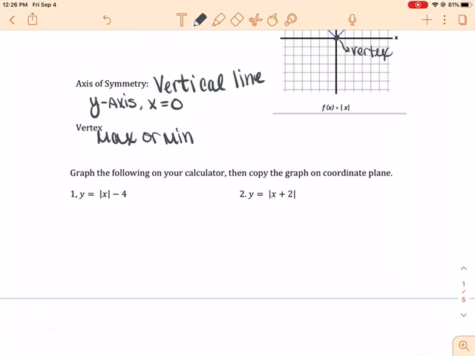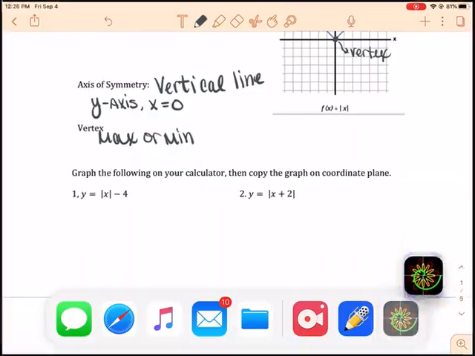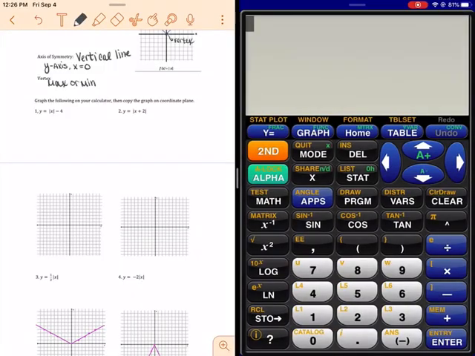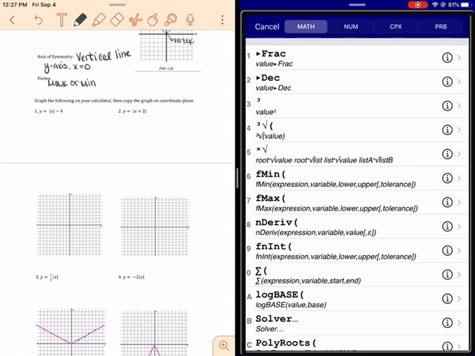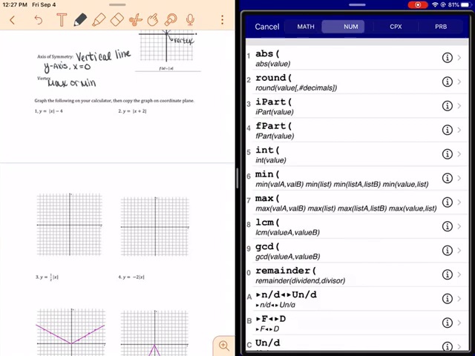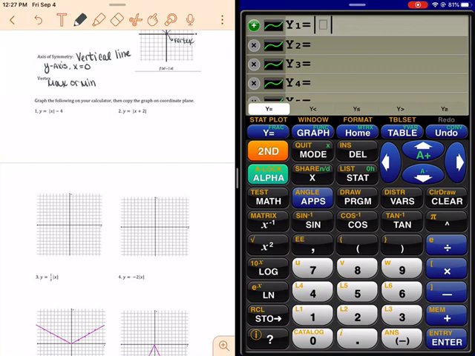So we're going to start with graphing this particular function on our calculator. I'm going to go to y equals. Now we have to put in the absolute value function, so we're going to find that in the math menu. We are going to go to number, and the first one says ABS, which stands for absolute value. So we're going to pull that up.